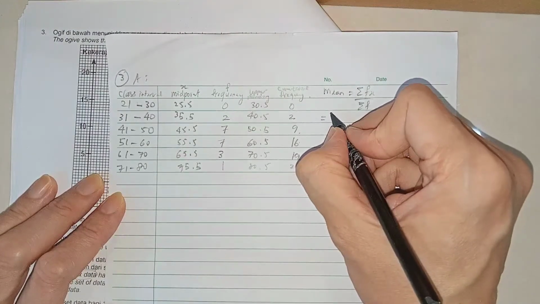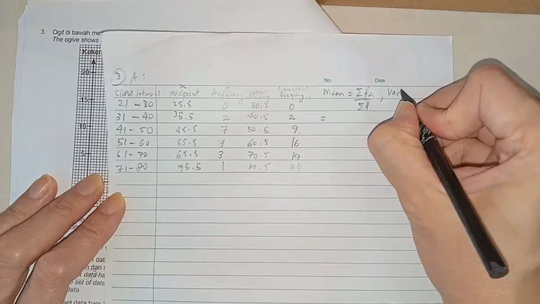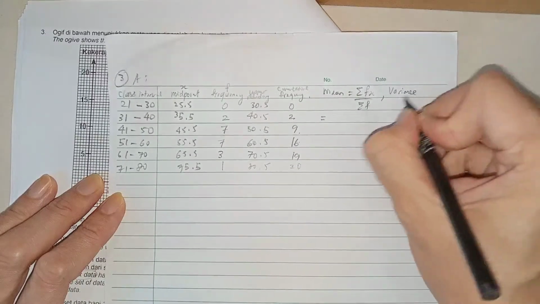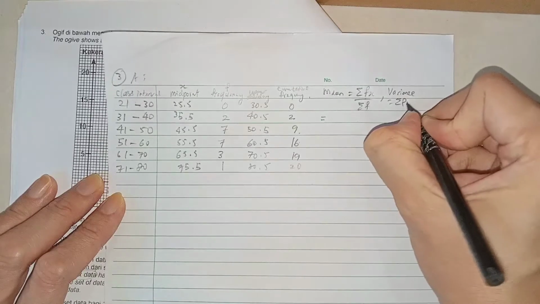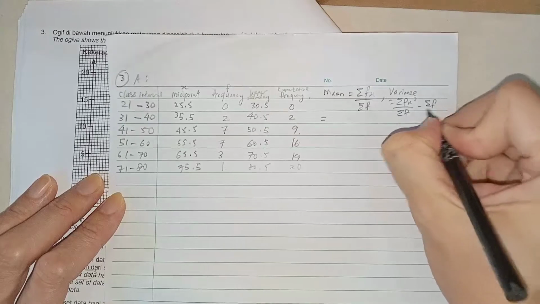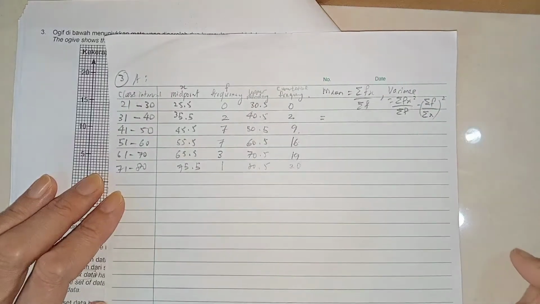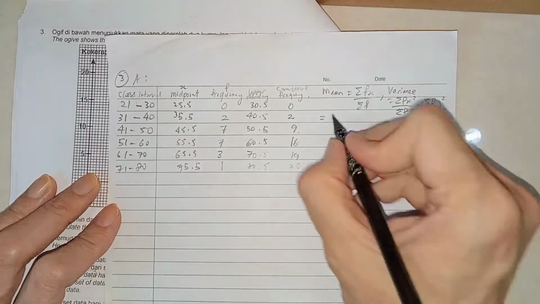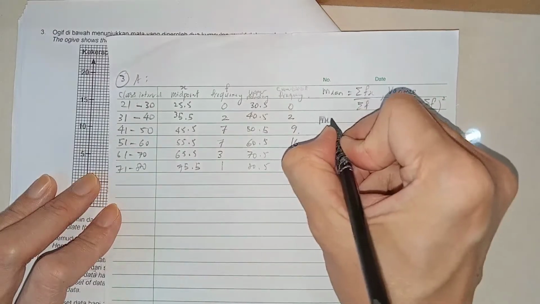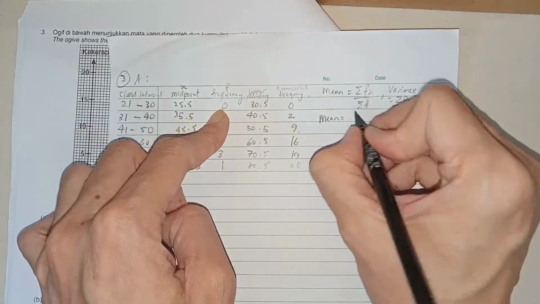Okay. The variance also has a formula, you know. Okay, so we want to find the mean now. fx, f first one.